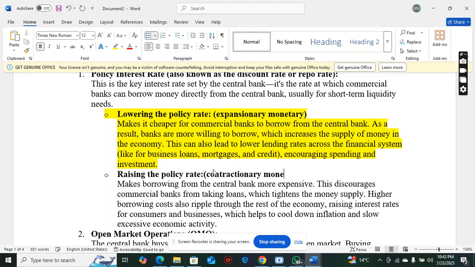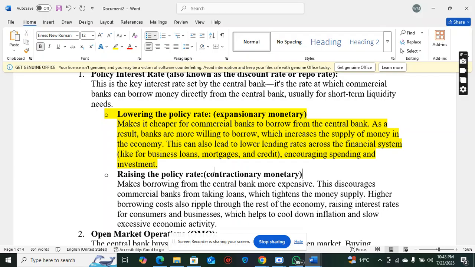Precautionary monetary policy. It makes the policy rate high so that commercial banks cannot come and borrow from them. Or if there was excessive borrowing, that borrowing should stop. When they borrow less, it means in their reserves they'll have less money.